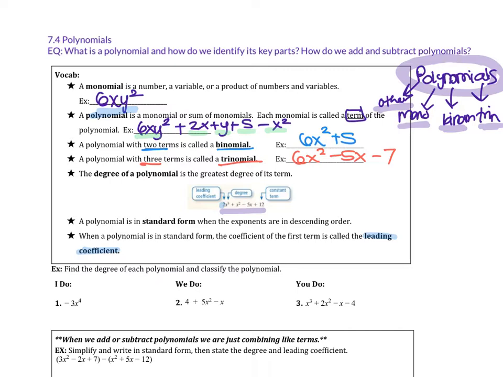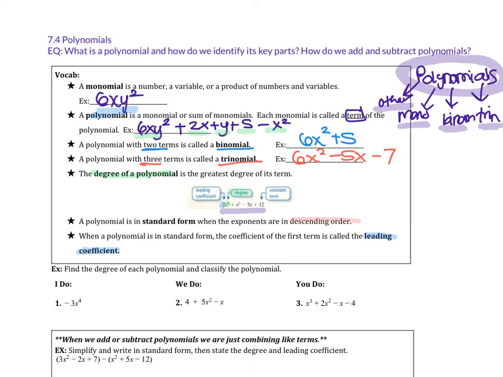So the degree of this polynomial is 3. The degree of a polynomial is the greatest degree of its terms. And a polynomial is in standard form when it is written in the order in which all of the exponents, all of the degrees, go from largest to smallest, and that is called descending order.